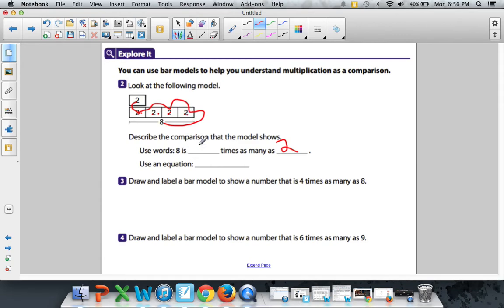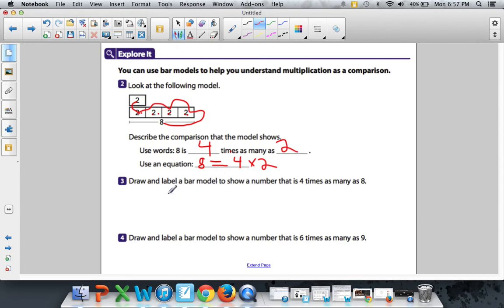So 8 is 4 times as many as 2. And that makes sense when you write an equation, because 8 equals 4 times 2. And even the most basic of multiplication skills help you know that that's true, because you know your 2 times tables, don't you?